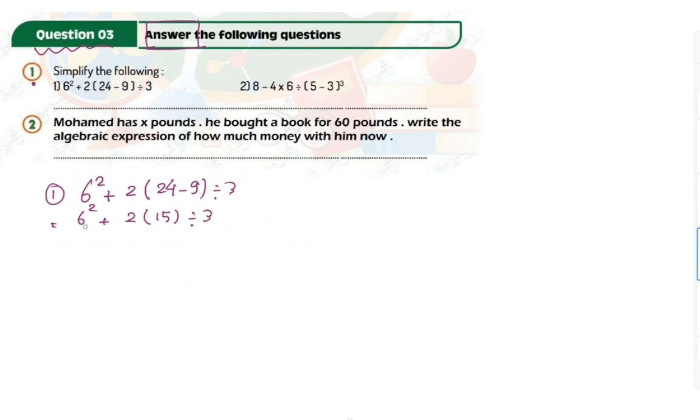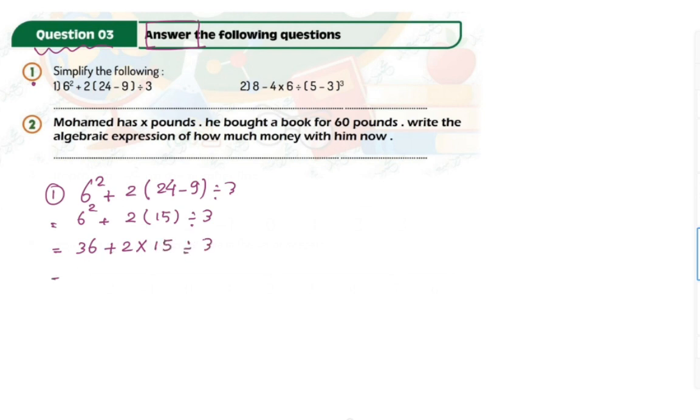Now you have 6 to the power 2. After finishing the parentheses, finish the exponent. 6 to the power 2 means 6 by 6, which equals 36, plus 2 by 15 divided by 3.